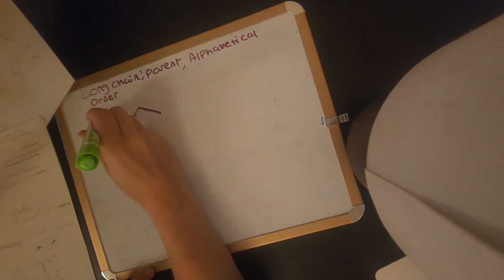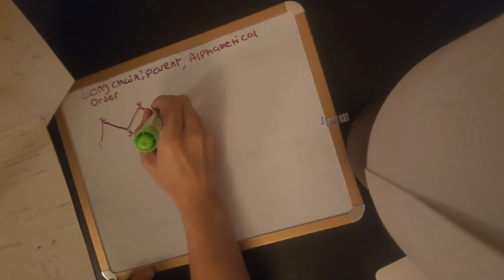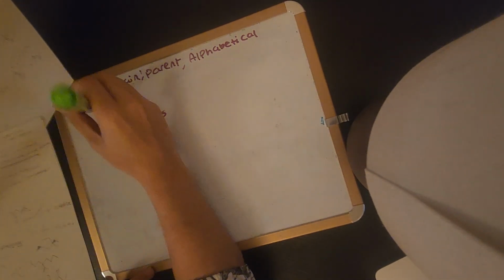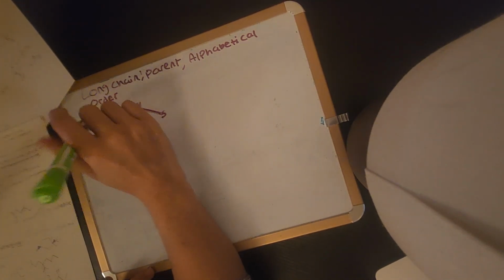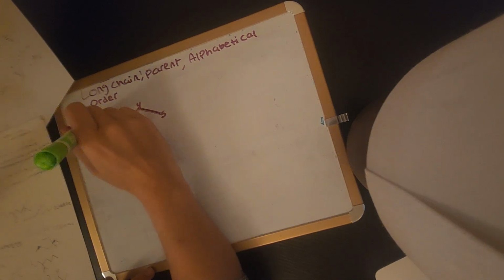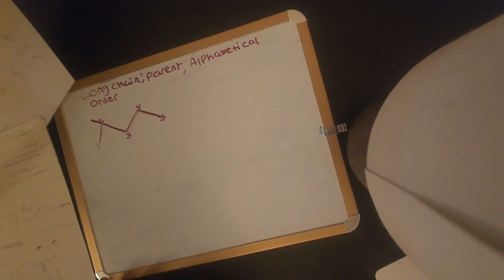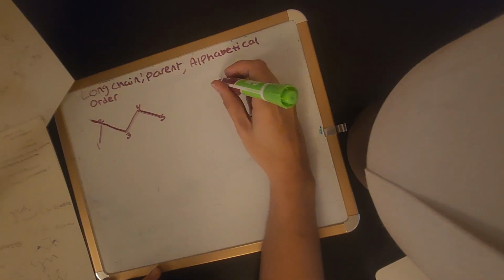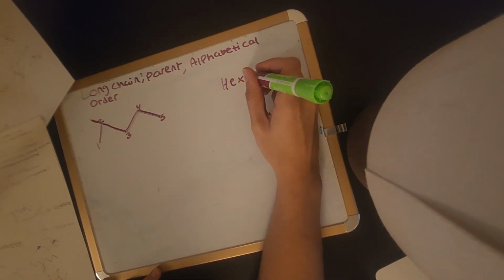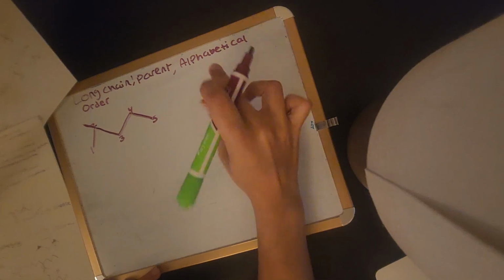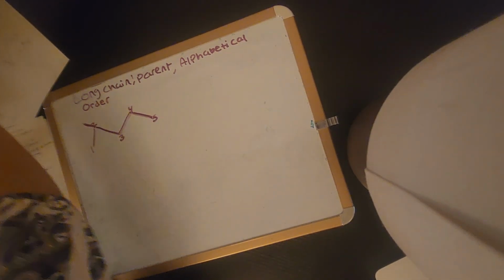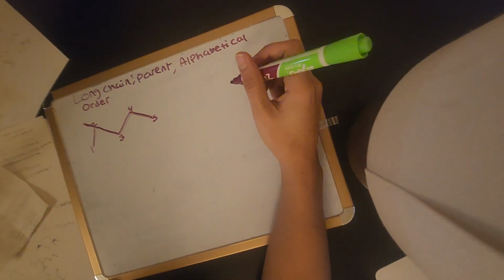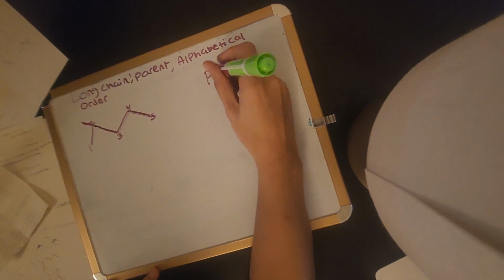Here we have 1, 2, 3, 4, 5 carbons, and let's just make it so that at 2, we're going to have something. So the way we're going to name this is we're going to call this hexane. No, sorry, pentane. Give me a second. We're going to call this pentane, yes.